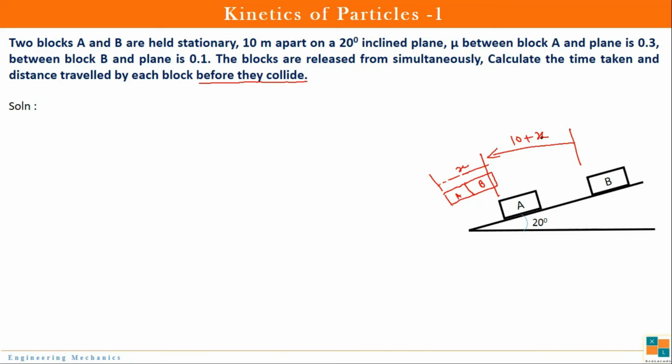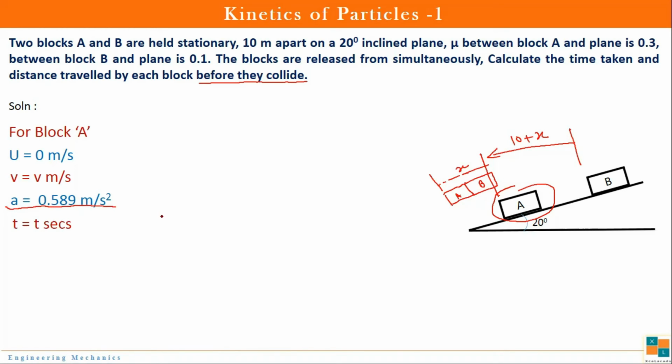Okay, let us analyze the motion of two bodies, starting with block A. For block A, the initial velocity is given as 0. Final velocity we need to find out. Acceleration we just found out as 0.589 in the previous step. We need to find out time, and the displacement we have assumed to be x.